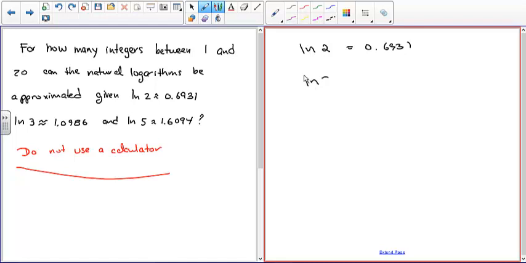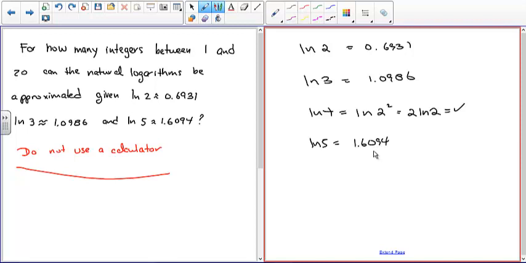Same with the natural log of 3. The natural log of 4, well, that's going to be the natural log of 2 squared, so that's 2 times the natural log of 2. So I have the natural log of 2, so that one we can do. The natural log of 5 we already have, 1.6094.